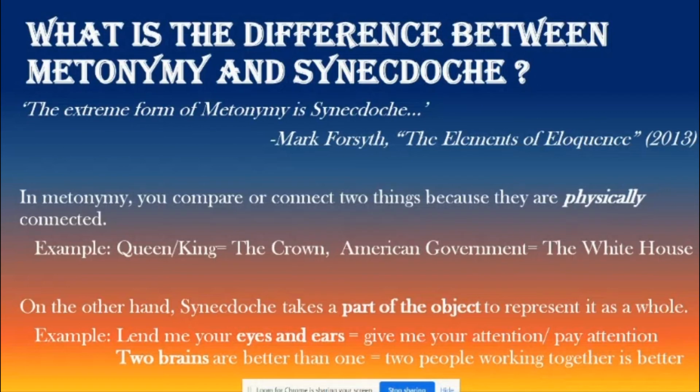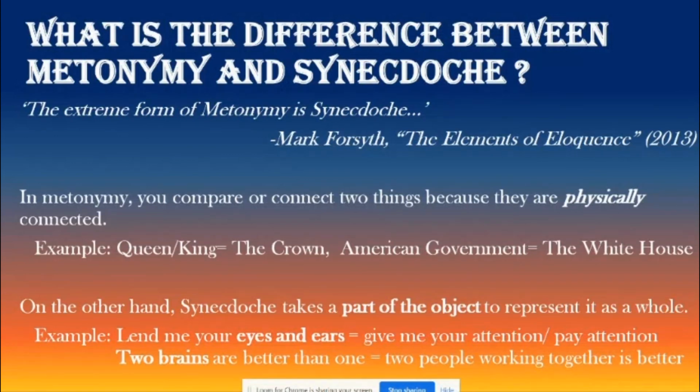For example, the crown represents the queen or king or even the royal family, because when you see the royal family, they wear a crown, so you can physically see the object and they are connected. And you connect the American government with the White House because the American government is mainly happening in the White House.